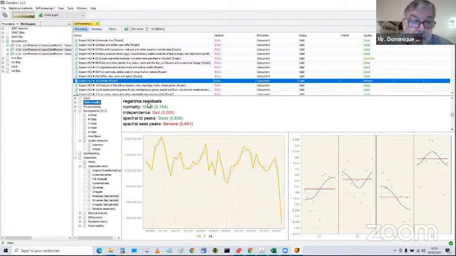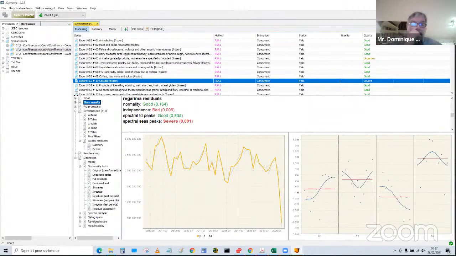So in the irregular residual, it's severe because I have still a seasonal component in the residual of the ARIMA model, okay? And that's it. This is the only problem. So it's severe because you detect something wrong in the residual of the ARIMA model.